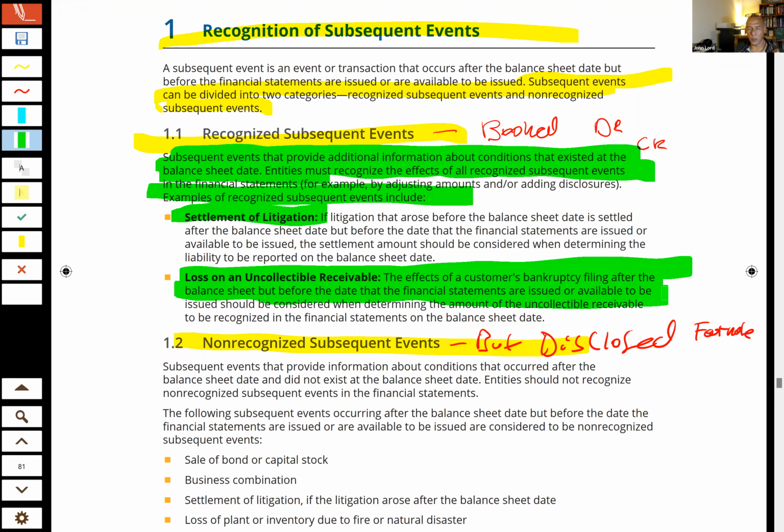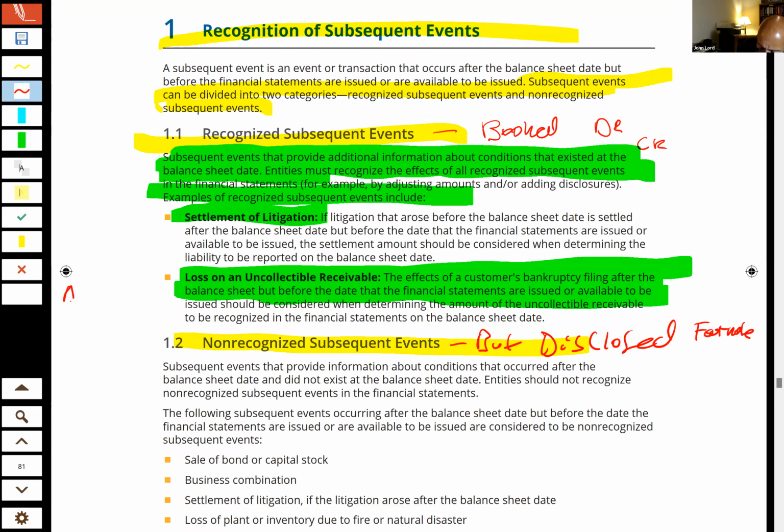Why do we have to book a loss on that in our December 31st financial statements? Well, the standards look at that and they say, no one goes bankrupt overnight. The events that led to that bankruptcy that was filed in January were already well into place in December. So if that's the case, I would want to write off that receivable.